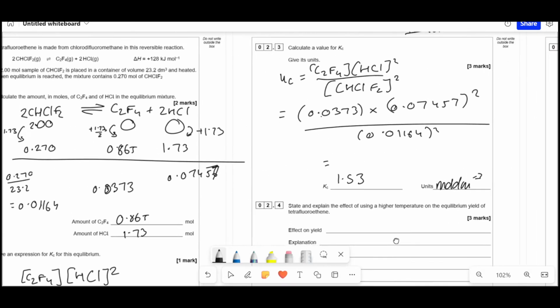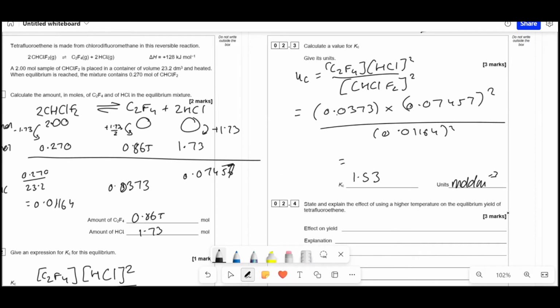There you go. So now it says, state and explain the effect of using a higher temperature on the equilibrium yield of tetrafluoroethene. As in this, it's told you that the forward reaction is endothermic because it's +128. So if you increase the temperature, then the yield increases, right?